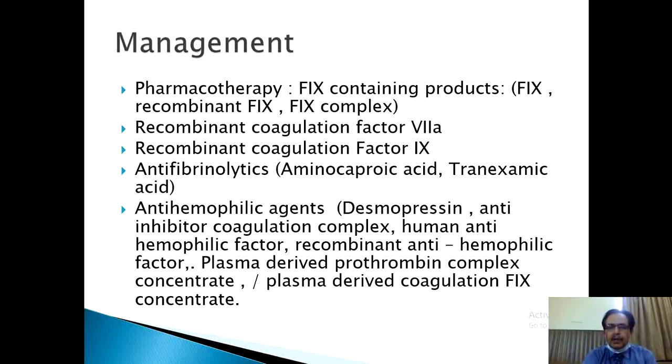Then antifibrinolytic agents like aminocaproic acid and tranexamic acid are the other supportive drugs in the management of hemophilia B as well as in hemophilia A. Then anti-hemophilic agents, desmopressin is also here a drug of choice, and then anti-inhibitor coagulation complexes, human anti-hemophilic factor, recombinant anti-hemophilic factor, plasma-derived prothrombin complex concentrates, and plasma-derived coagulation factor 9 concentrates are also used.